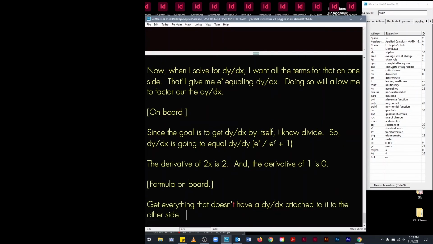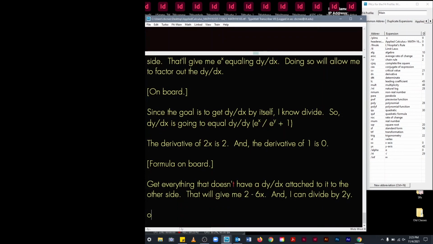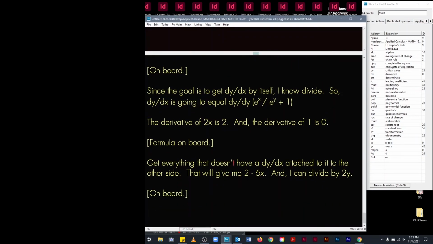So that gives me 2 minus 6x. And I can divide by 2y. So it looks something like that.